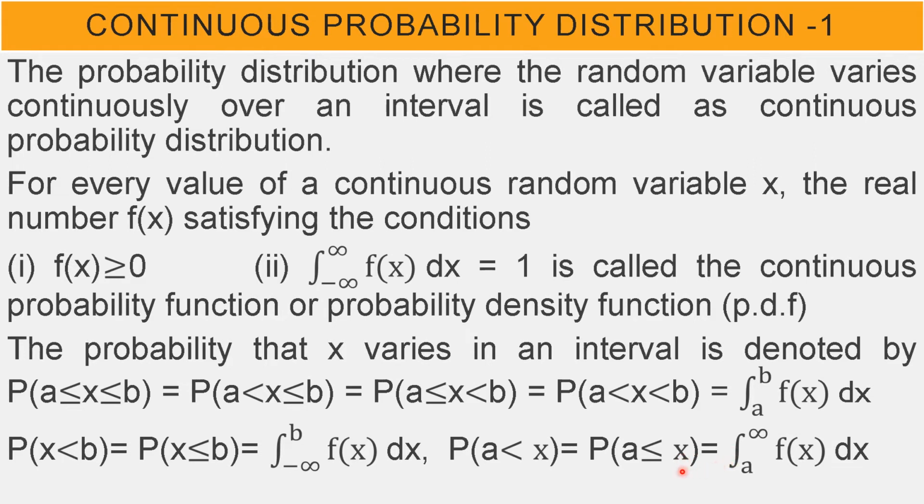The probability that X is greater than or equal to a is the integral from a to infinity of f(x) dx, where f(x) is the probability density function of that continuous random variable.